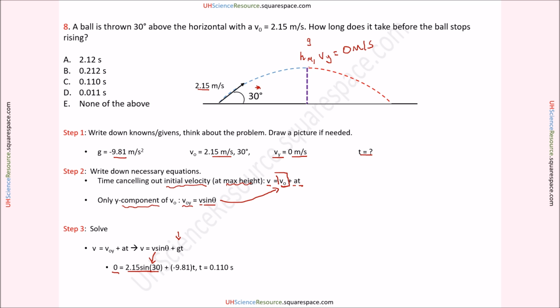Now we know acceleration in this particular problem is going to be gravity, and it's going to be in the opposite direction of our velocity, so we give it a negative 9.81. And we're trying to figure out time. And if we solve for time, what we're going to get is time is equal to 0.110 seconds. And if we look at our answer choices, we can see that answer choice C is going to be our correct answer.